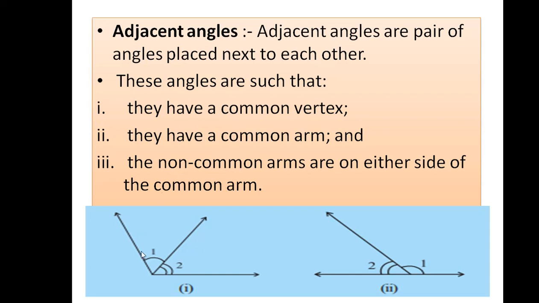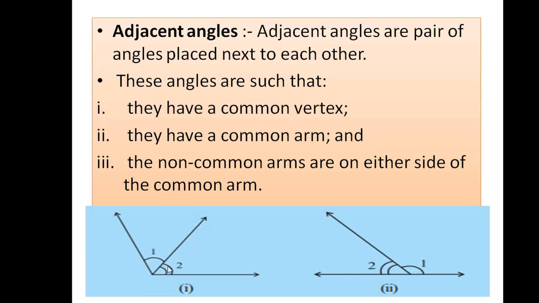Vertex means the point where the lines are meeting. So they will have a common vertex, and then they have a common arm. One common line between those two angles will be there. You can see a line here. This is the common arm between angle 1 and angle 2.